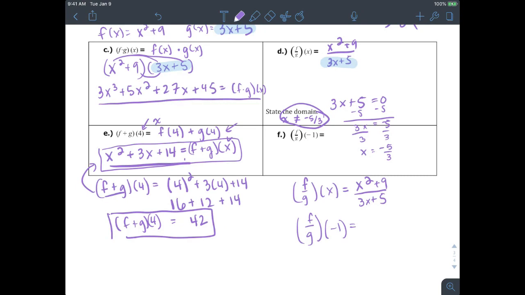So I'm going to do negative 1 squared plus 9 over 3 times negative 1 plus 5. And that equals 1 squared is 1 plus 9 over negative 3 plus 5. Just going to write it out. So 10 over 2 is equal to 5. And we're done. Sorry, that was a long one.